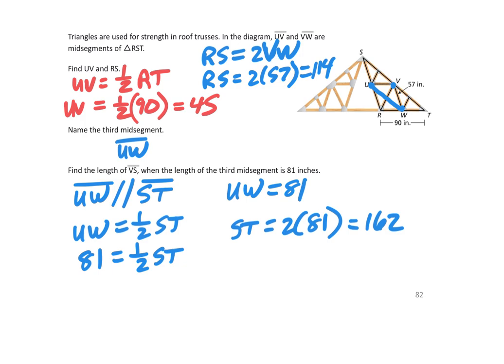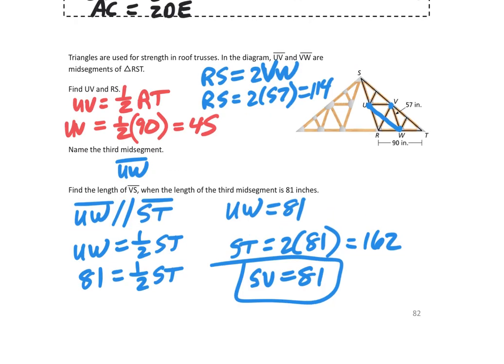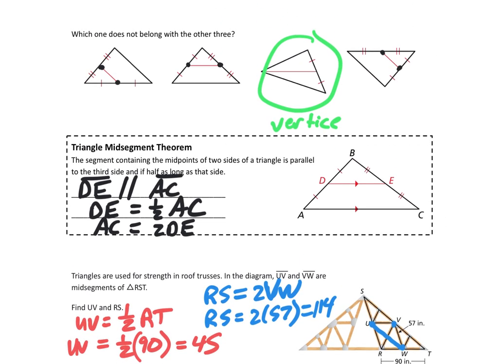So UW is 81. SV would also be 81. Okay, and that's what we're looking for. Right over here. There's the triangle midsegment theorem. Okay, and so from now on, we can use the midsegment theorem to help us prove.